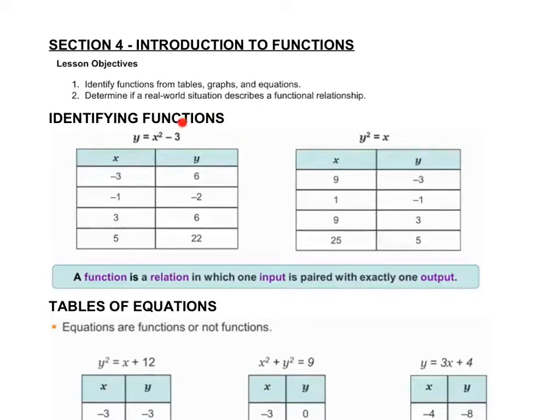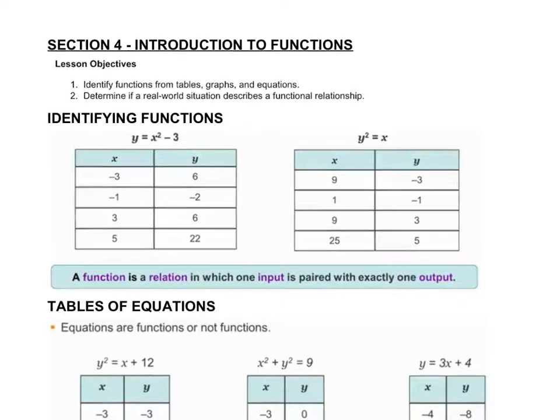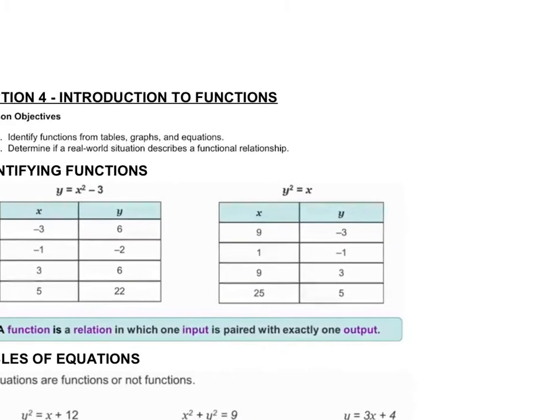While we identify functions, it's important that we understand the definition of a function. A function is a relation in which one input is paired with exactly one output. That's a little bit much to stomach.